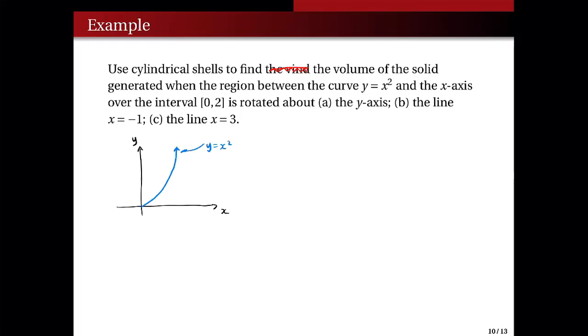So this is from 0 here, and then say this is your 2. And then we need the region between the curve and the x-axis over the interval 0, 2. So if this is your 2, the region is this guy here.